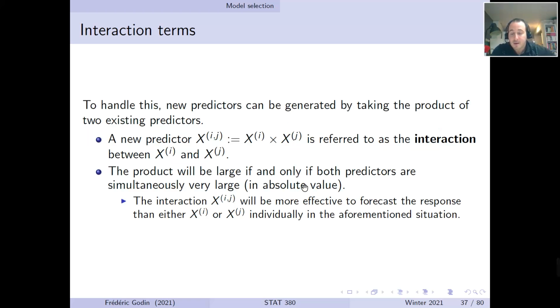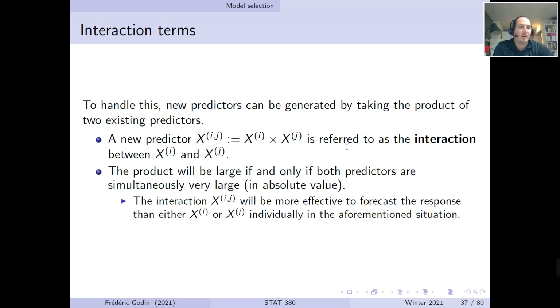One way to incorporate interactions within these models is to take the product of two existing predictors to create a new predictor which captures the interaction term.